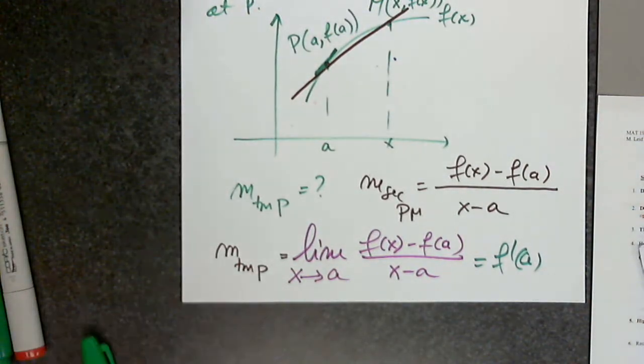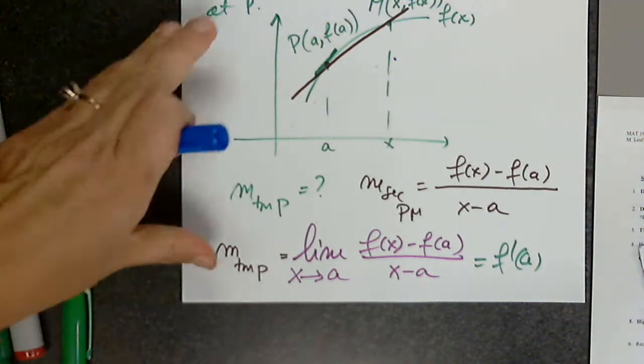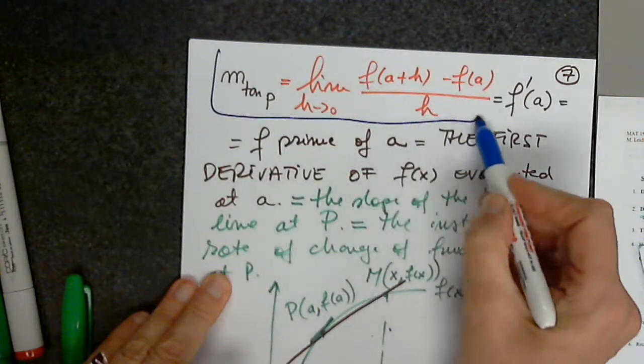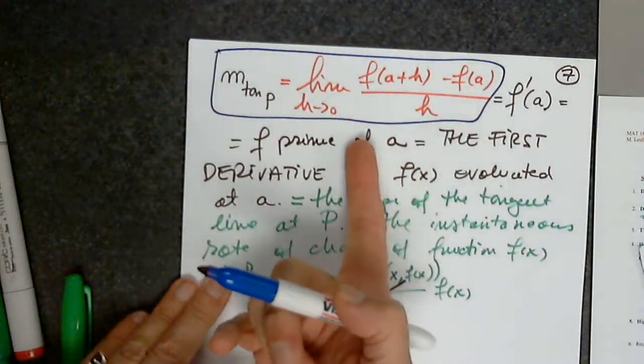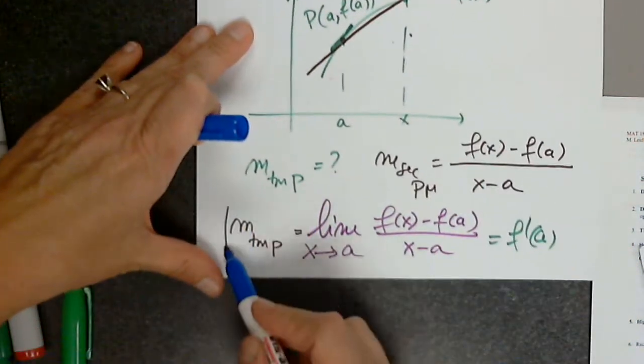So there are two definitions for the slope of the tangent line to the graph of a function at a point. Two definitions. They mean the same thing. As I said, we only change the notation. This is one, and this is the other.